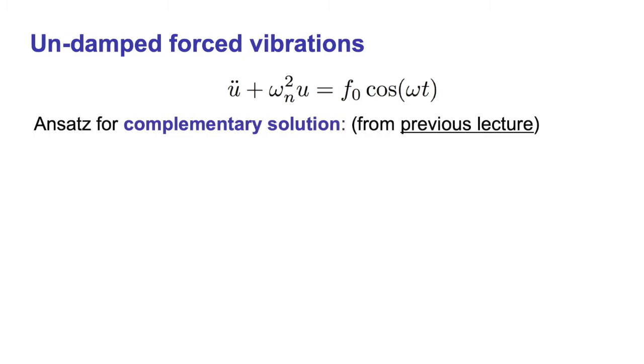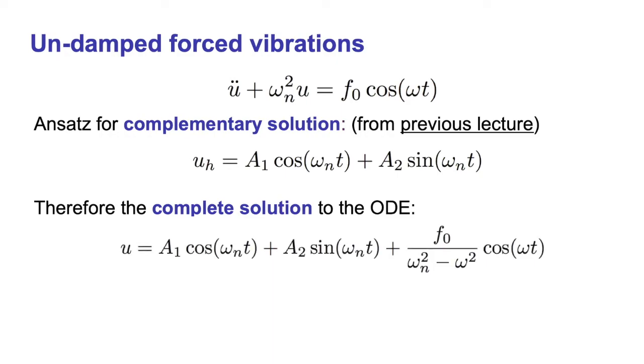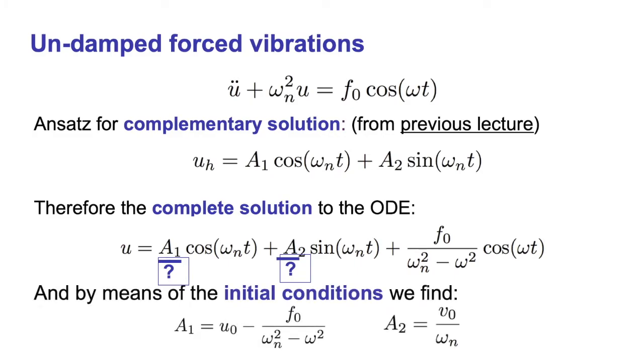This can be recalled from last week's discussion, and it's equal to a1 cosine of omega n t plus a2 sine of omega n t. Therefore, the complete solution of the ODE will take this form. As before, the amplitudes a1 and a2 can be found by means of the initial conditions of velocity, v0, and displacement, u0.